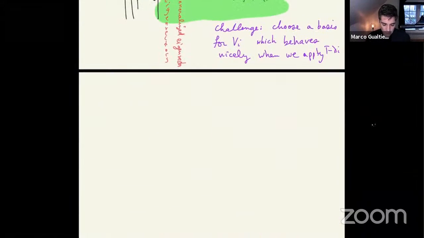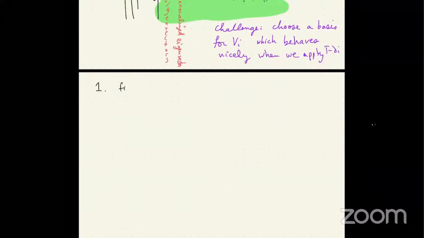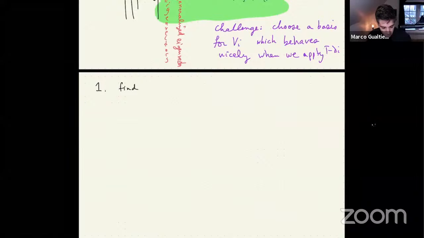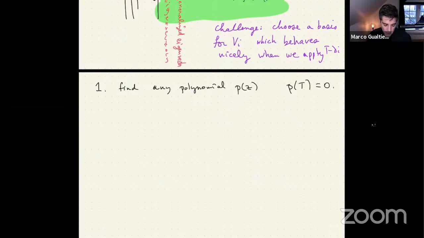So let me just give you the complete logic. So first of all, we find the minimal polynomial. We find any polynomial p of z such that p of T is equal to 0.